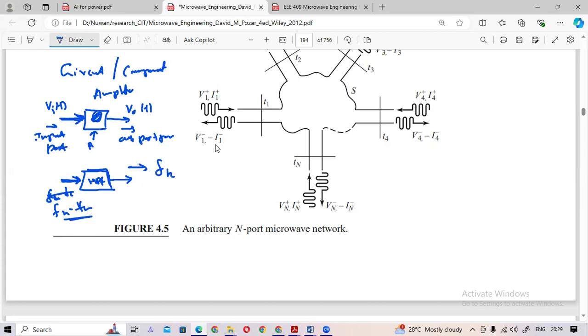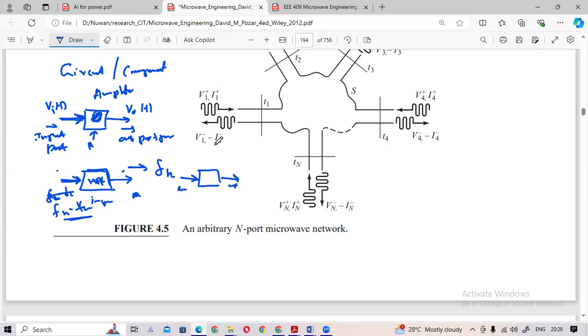So a filter has one input port and an output port. If you consider an analog to digital converter, you give an analog signal and you have a digital output. So it has an input port and an output port.